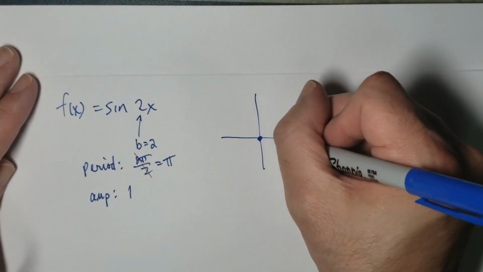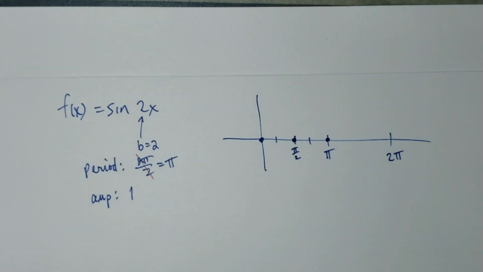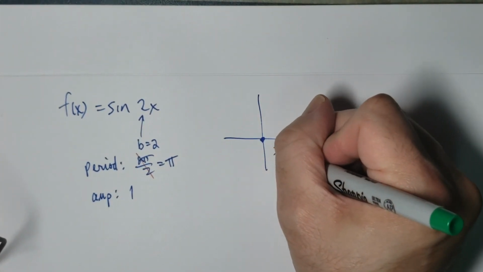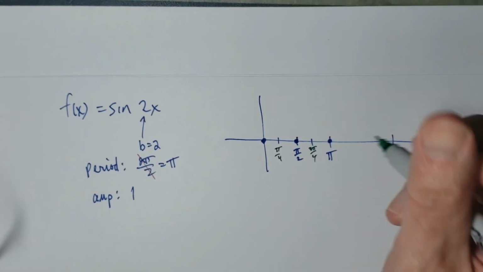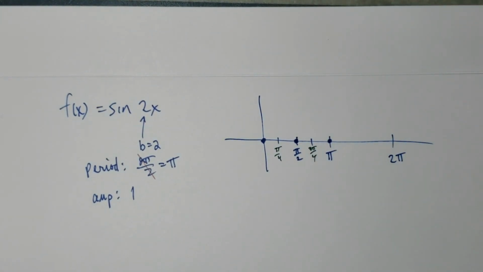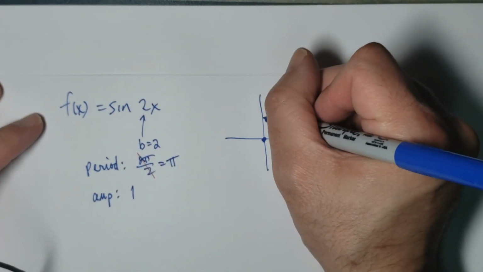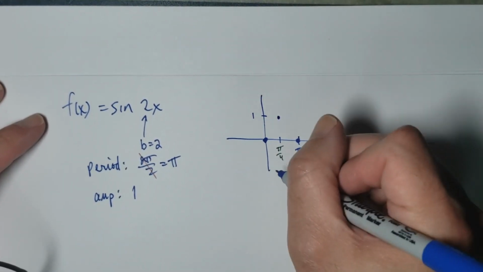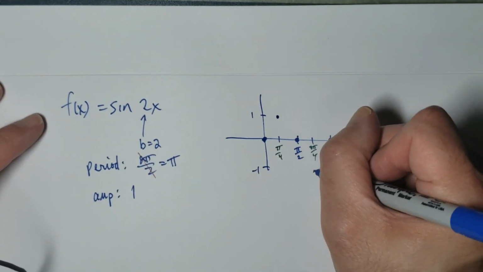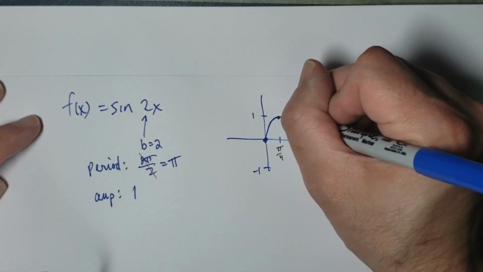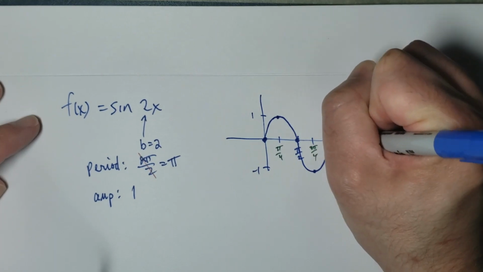And then halfway in the middle of each of those, and those numbers would work out to be pi over 4 and 3 pi over 4. Right, 3/4 of pi. We're going to go up to the amplitude and down to the amplitude. So I'm going to go up like that, like that.